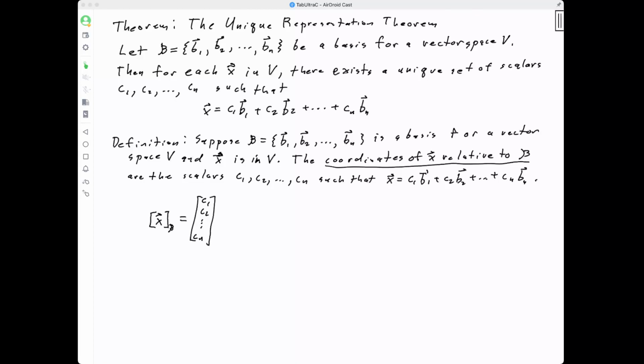So what this has done is it has allowed us to take any arbitrary vector space and write its vectors as vectors in Rn.